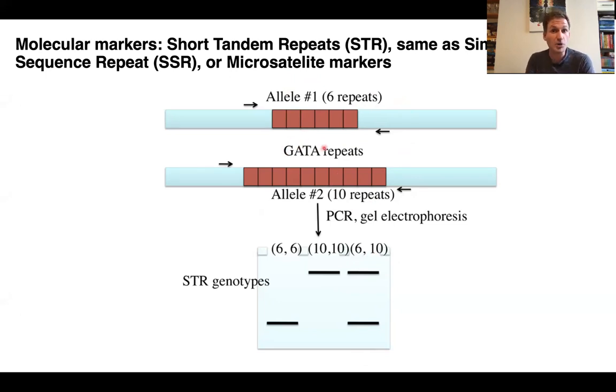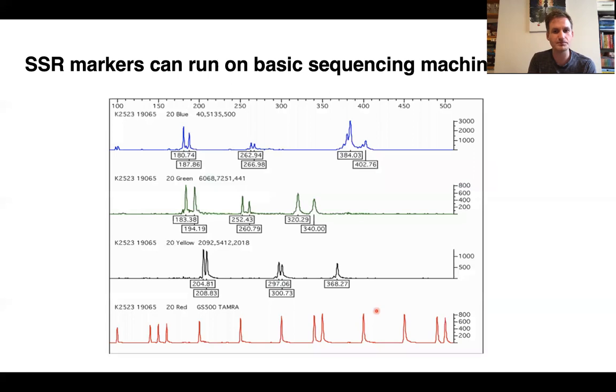If you were looking at a polyploid species, like blueberries or potatoes or something like that, you might see even more complicated things. But this is a simple example.